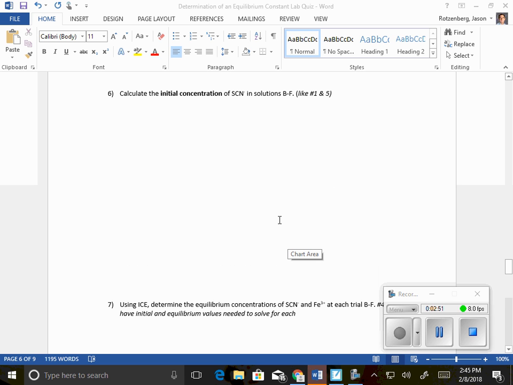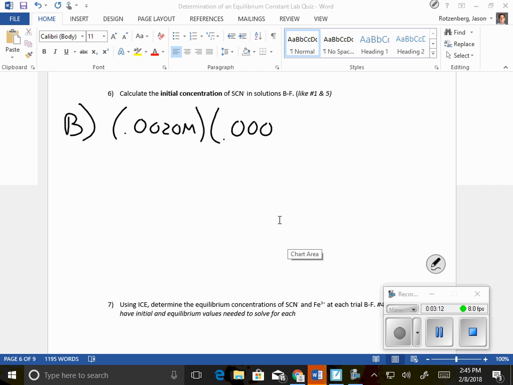Since you used the burette, you used a different amount of the potassium thiocyanate in each trial, so you do have to do calculation number 6 for each test tube. So for example, letter B, once again, 0.0020 molar is what I started with. And when I did my first trial, I had a little under 1 milliliter, like 0.00096 liters.